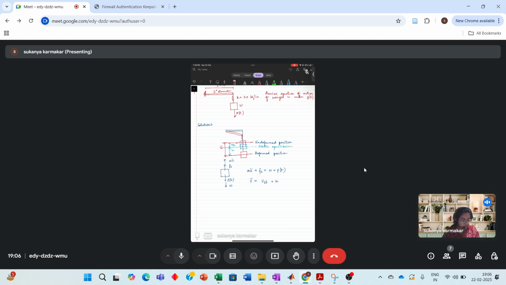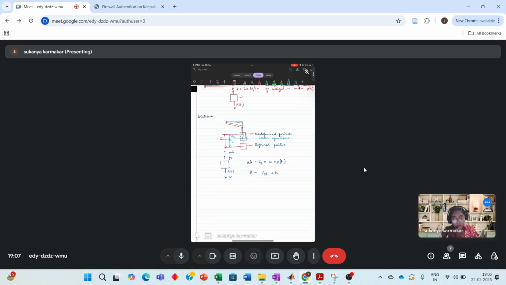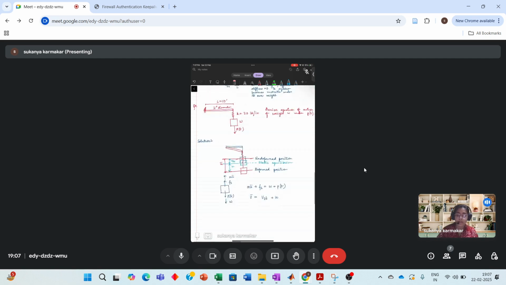And what is this UST? Can someone tell me, how will I write down UST? Because this is the deflection because of the weight W. Let's say the equivalent stiffness of the system is KE. In KE, you will have participation of this spring stiffness K, and you will have the participation of the beam as well.